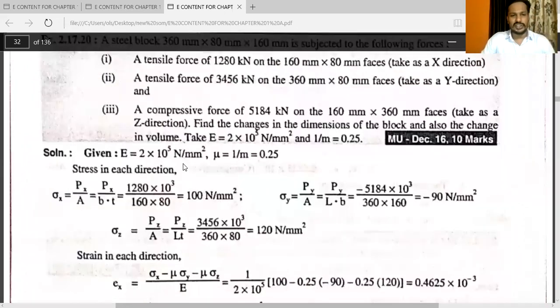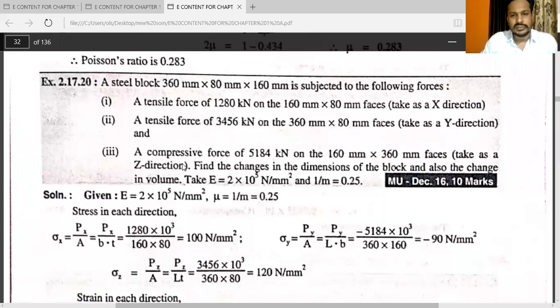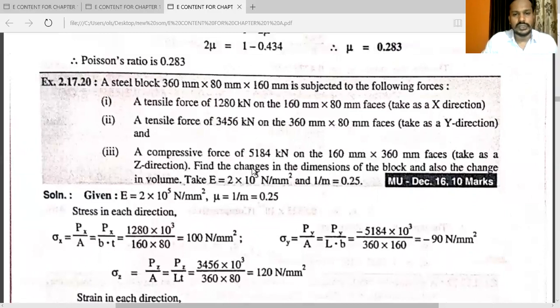Here in this condition, compressive force is given as z direction.